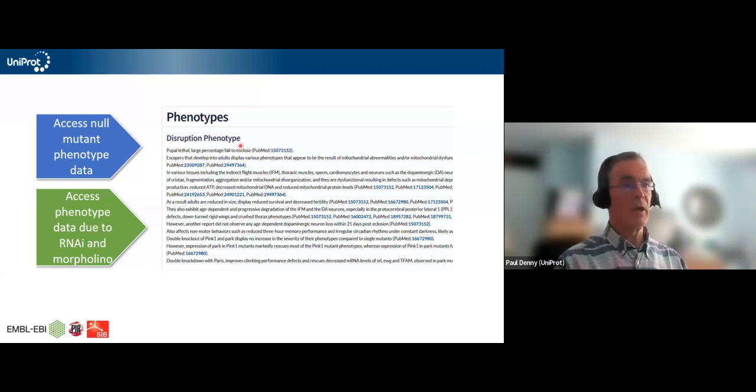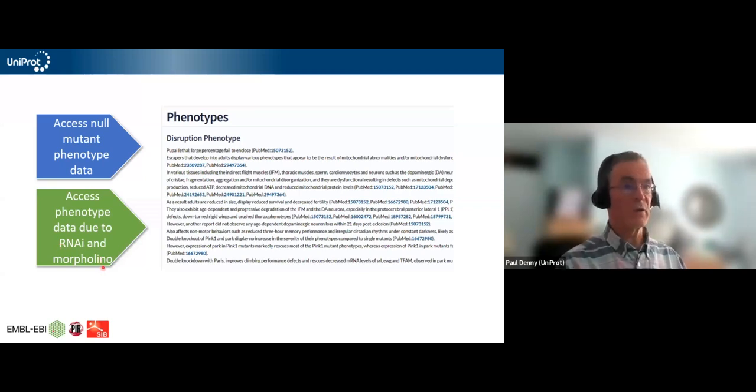And these would usually be either a null which has been created by deletion, for example, so a null mutant, or they may be knockdown phenotypes that have been created using, for example, RNAi or morpholinos.